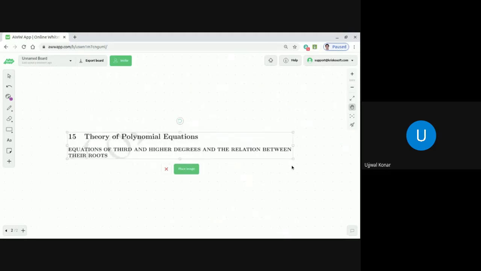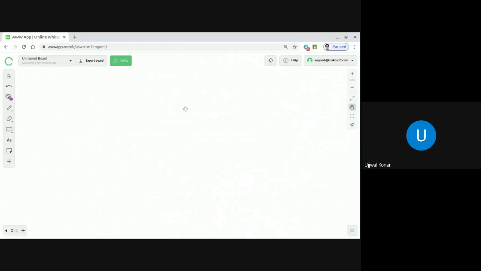What we are going to do first, dear students, is the theory of polynomial equations of third and higher degrees, because the second degree, the quadratic equation, we have already learned. But that knowledge of the quadratic equation we are going to apply to the third, fourth and higher degrees also, and you will see how it looks.